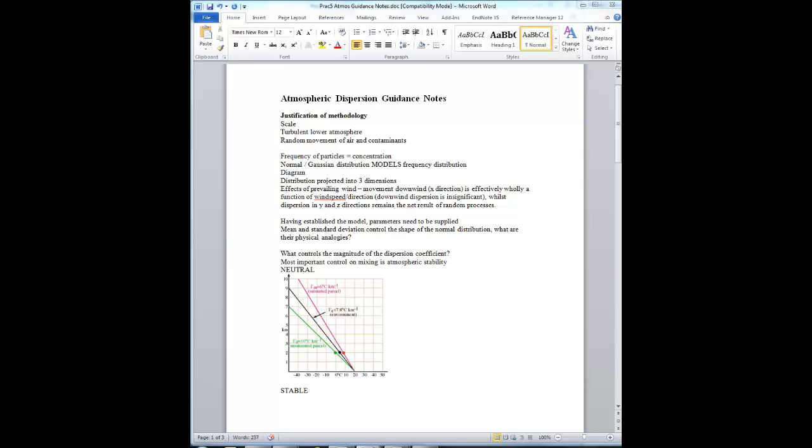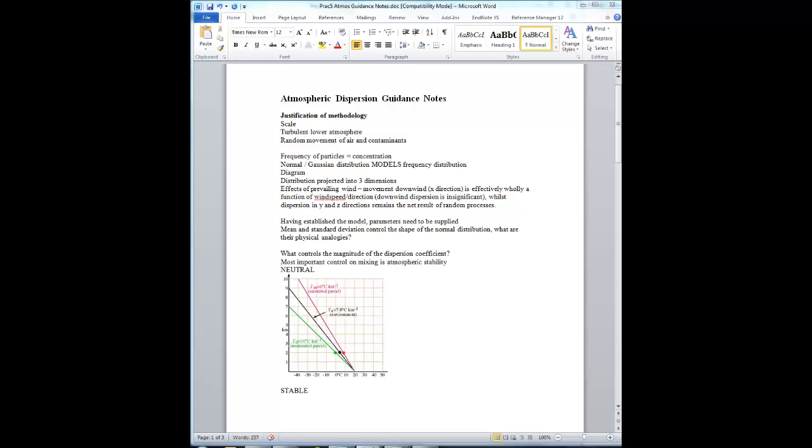If we take the frequency of particles to be the concentration, which is what they are, then we can have a frequency distribution, and the frequency distribution for the particles, which is a concentration distribution, we'd expect that to be a normal distribution.